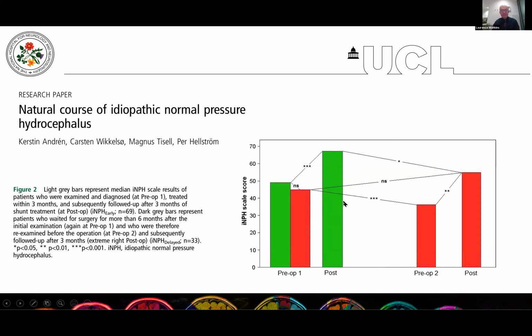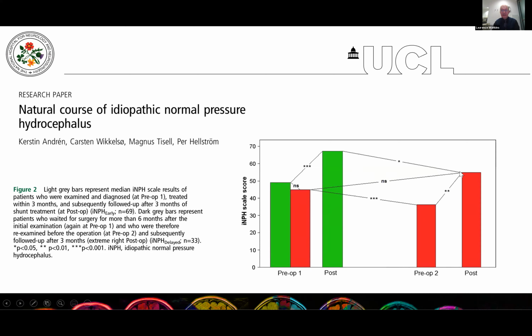So on an NPH score of how good they were, the green ones are the ones who were operated on more or less straight away. And they improved significantly having their shunt between this column and that column. Another group who weren't able to get their shunt straight away and were delayed by more than 3 months had declined over that time.